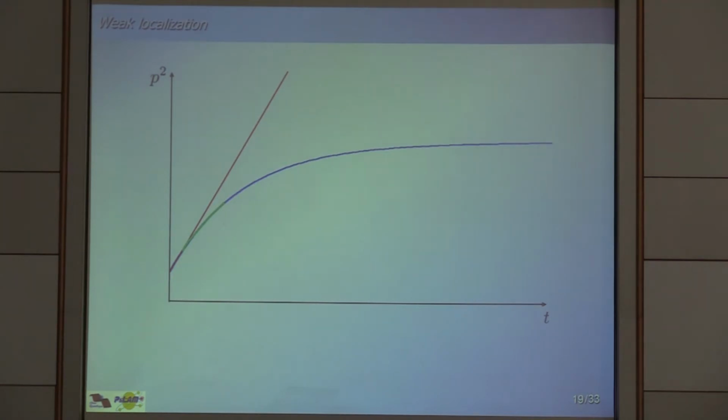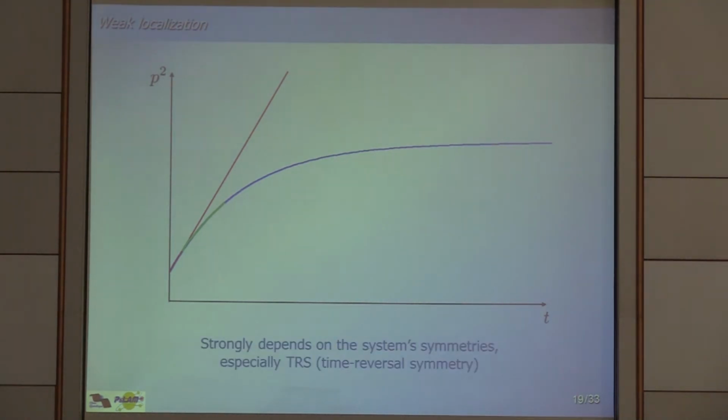This time regime is very interesting, very interesting things happen, and it can be modelized analytically. One of the findings is that it strongly depends on the system symmetries. So it's a very good regime to test universality, to see in which universality class the system is.